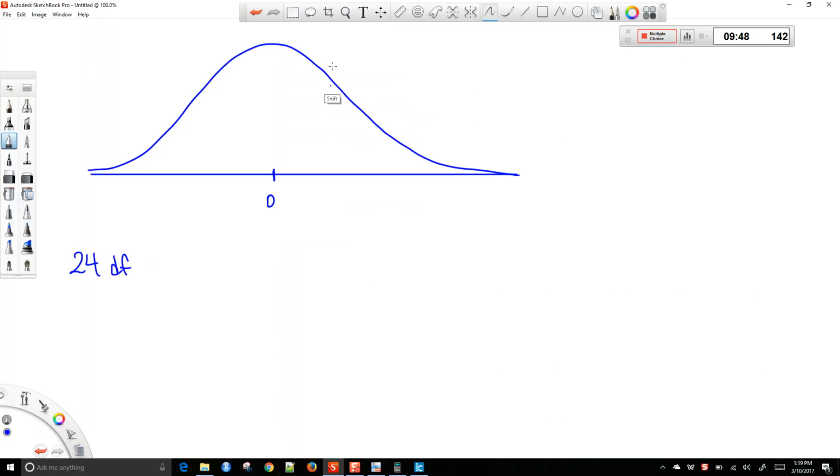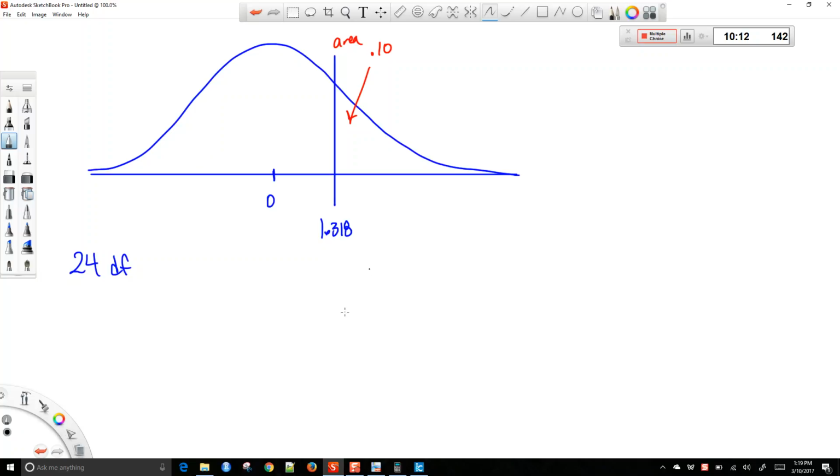24 degrees of freedom, the first value that shows up is 1.318, okay? What we're saying is that if I draw my cutoff line at 1.318, the area over here, this area, is equal to 10%. Okay?